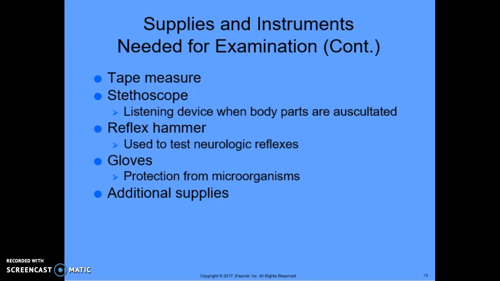Now we'll be going over all of those in lab this week and talking more in depth about what their roles are in the examination. So I'll have you go ahead and make sure that you read the book in that area and take some notes so that we can get going on utilizing all of those supplies.